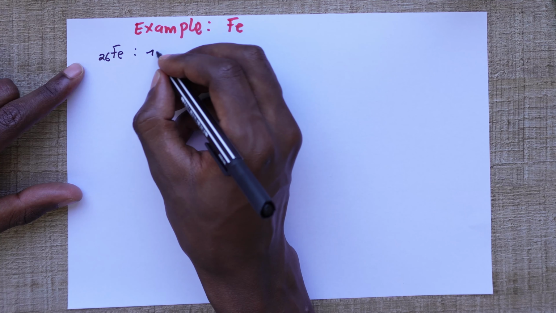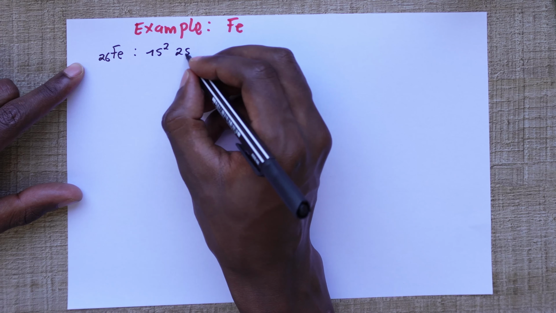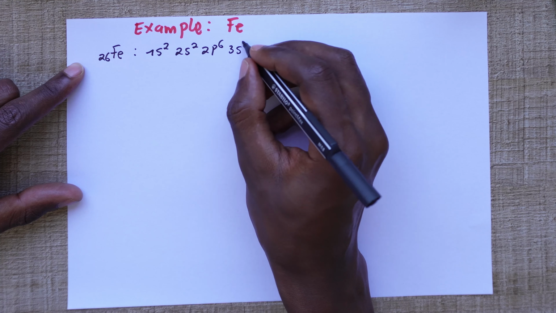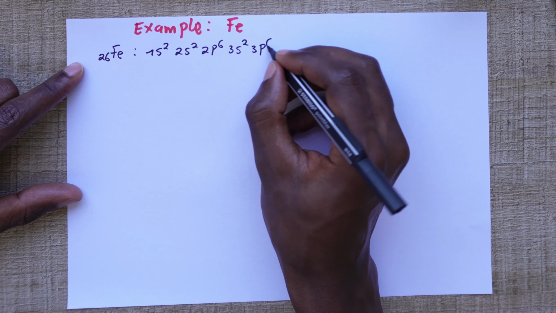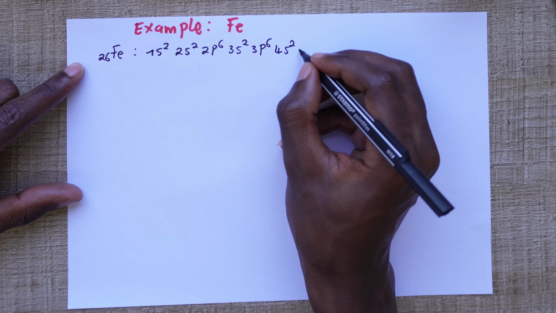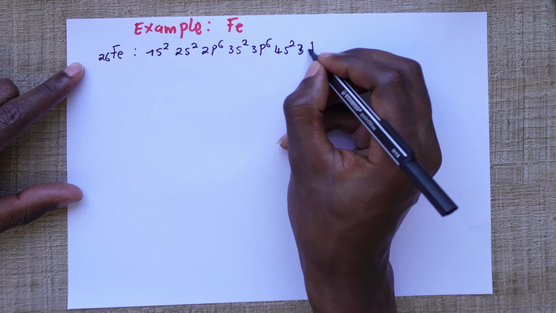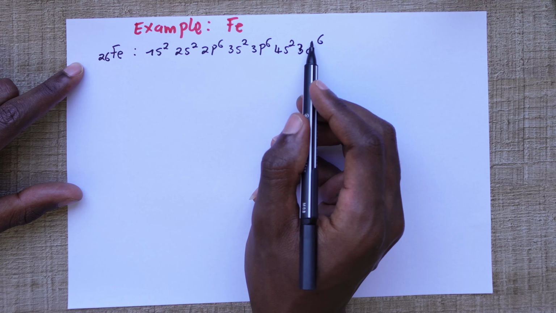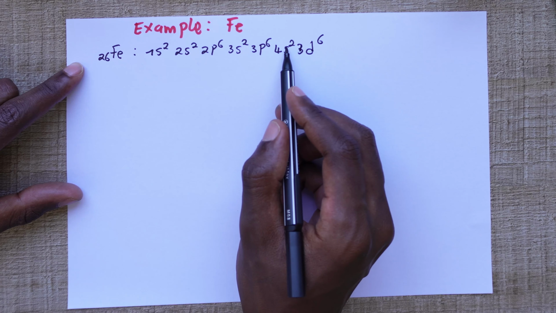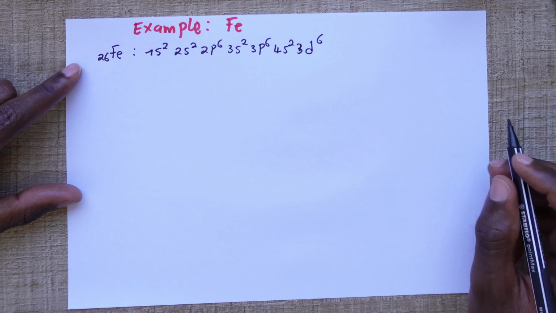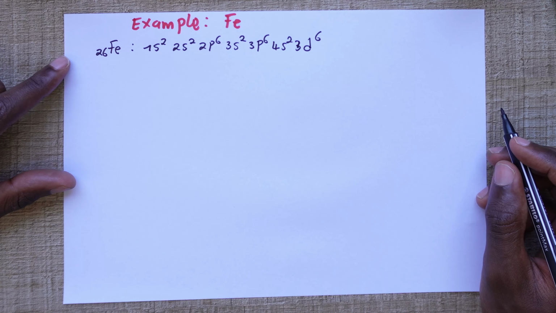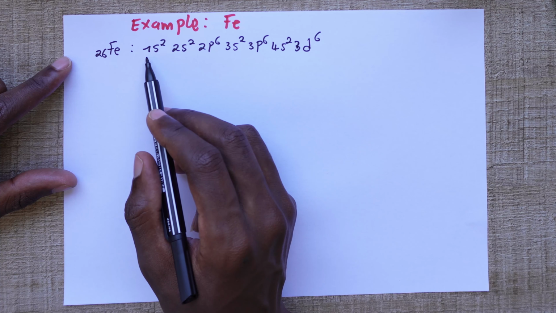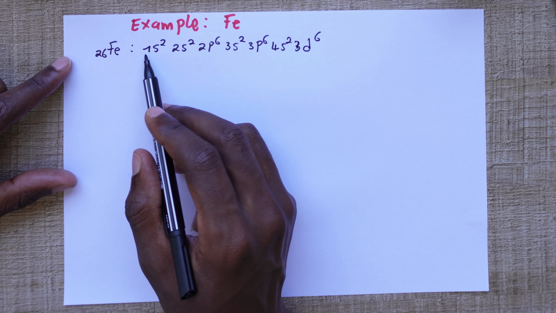So that's 1s2, 2s2, 2p6, 3s2, 3p6, 4s2, and 3d6. So that's 2, 4, 10, 12, 18, 20 and 26. Yeah, that's fine.